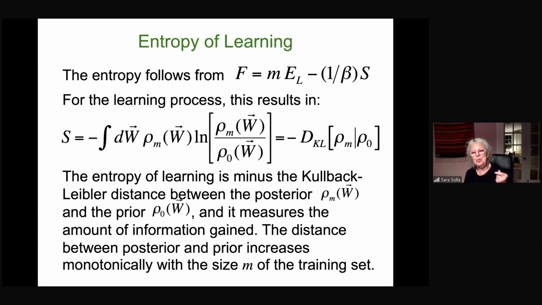And this distance between the posterior and the prior increases monotonically with the size m of the training set. So this Kullback-Leibler distance will tell me, after I have seen m examples, how much information I have gained from the outside world about the task to be implemented. And therefore, it tells me by how much the entropy of the ensemble of hypotheses that I started out with has decreased.